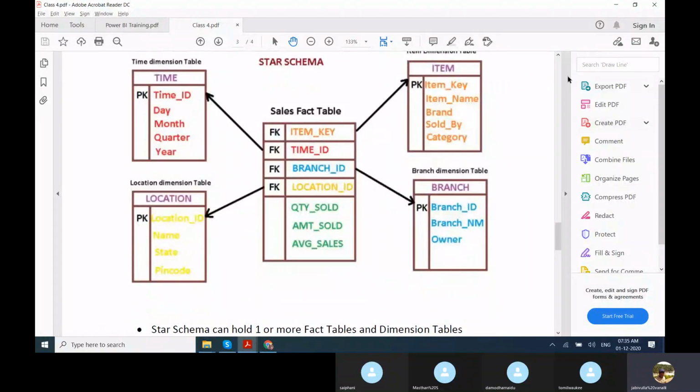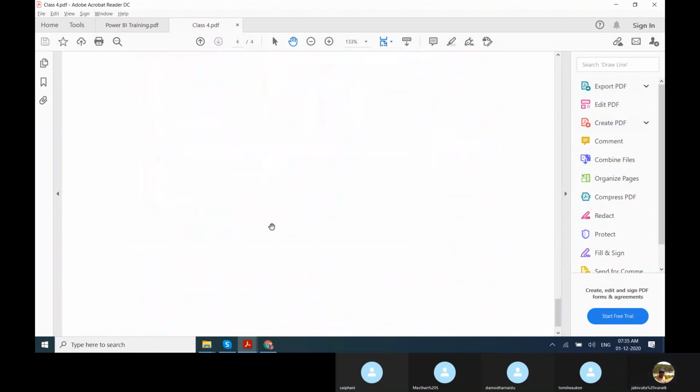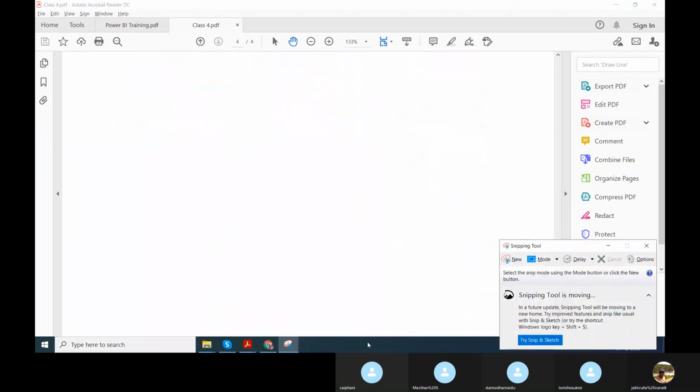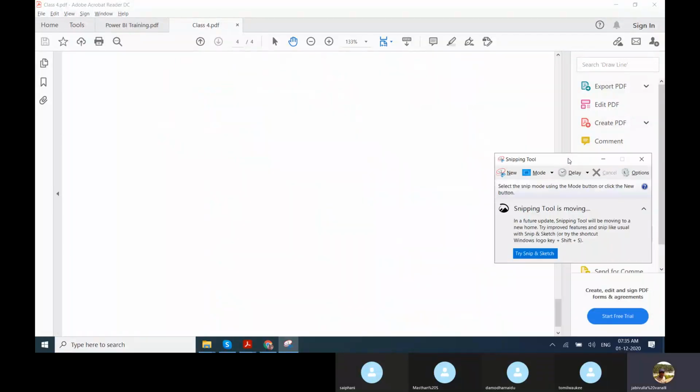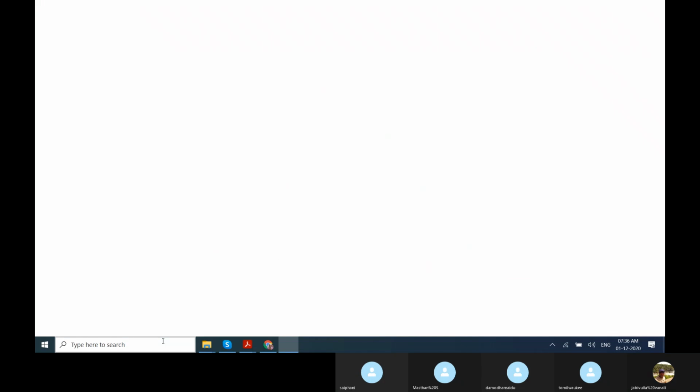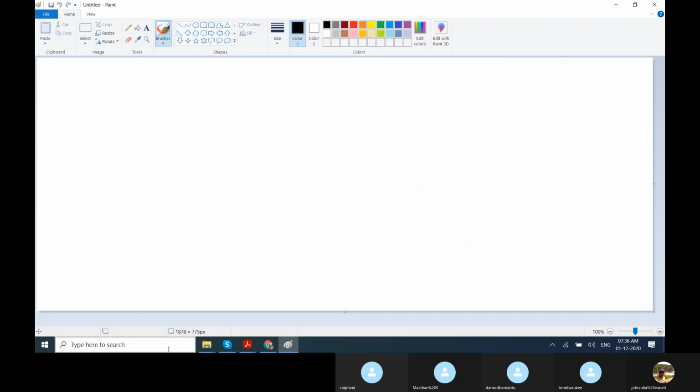If we have one more sub dimension, then it is called snowflake schema. For example, this is the fact table.